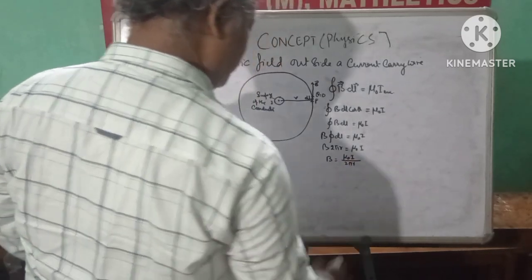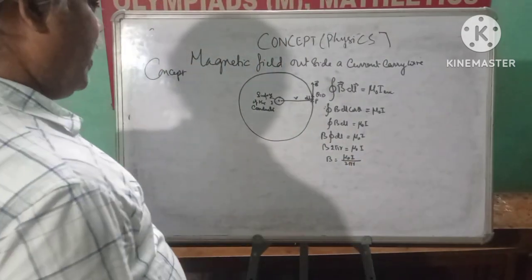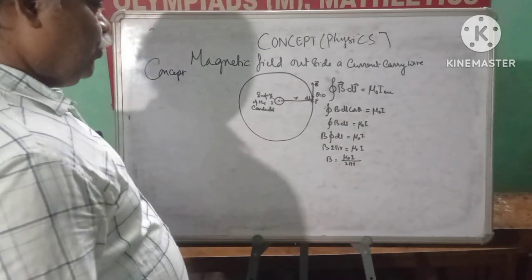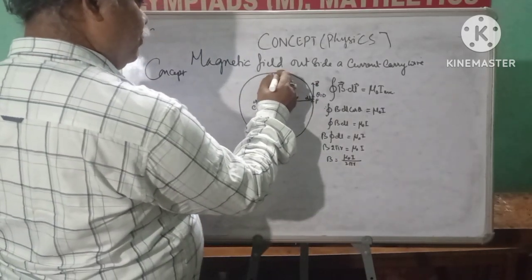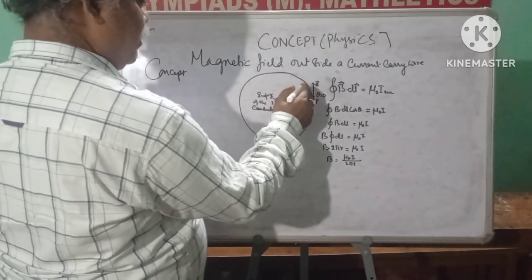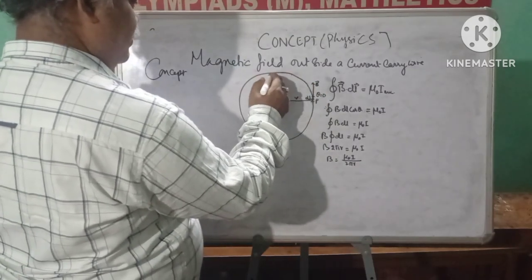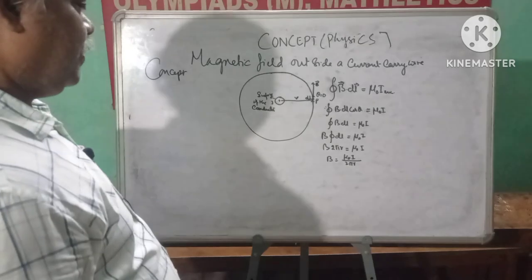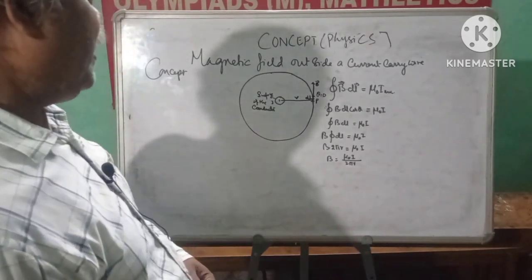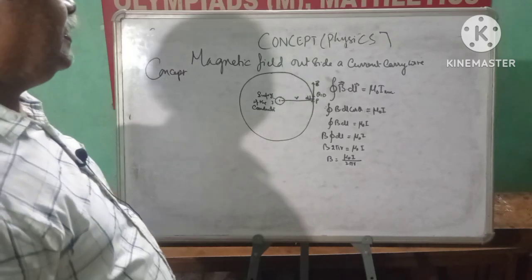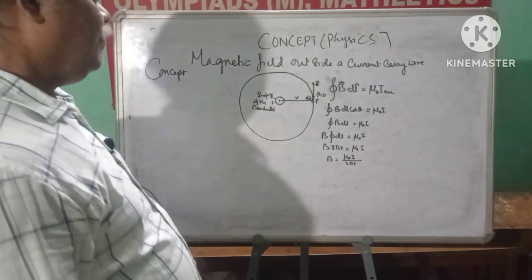This will be your magnetic field at this point. The same magnetic field will be at every point on this circular loop. So this is how we find the magnetic field outside a current carrying wire.